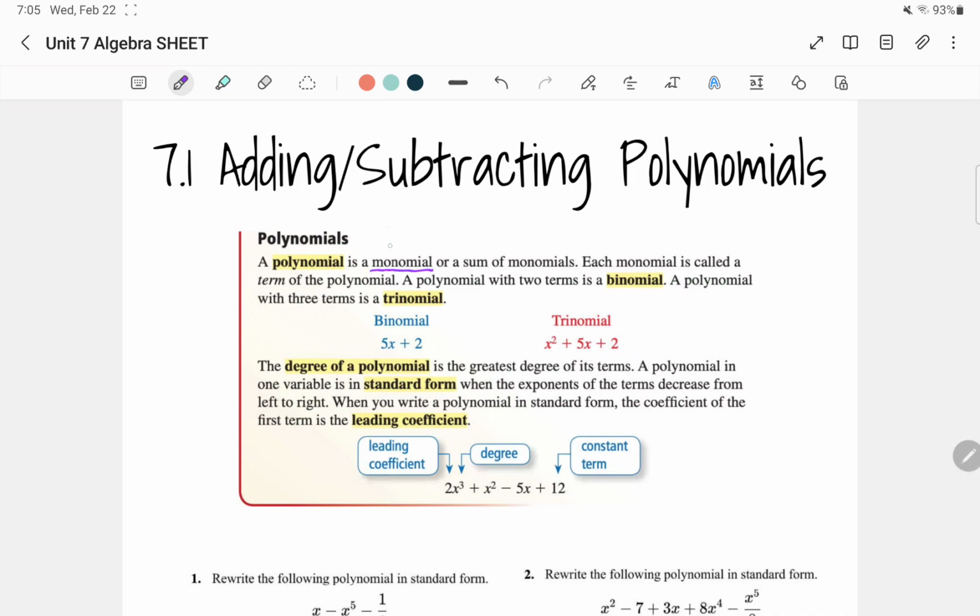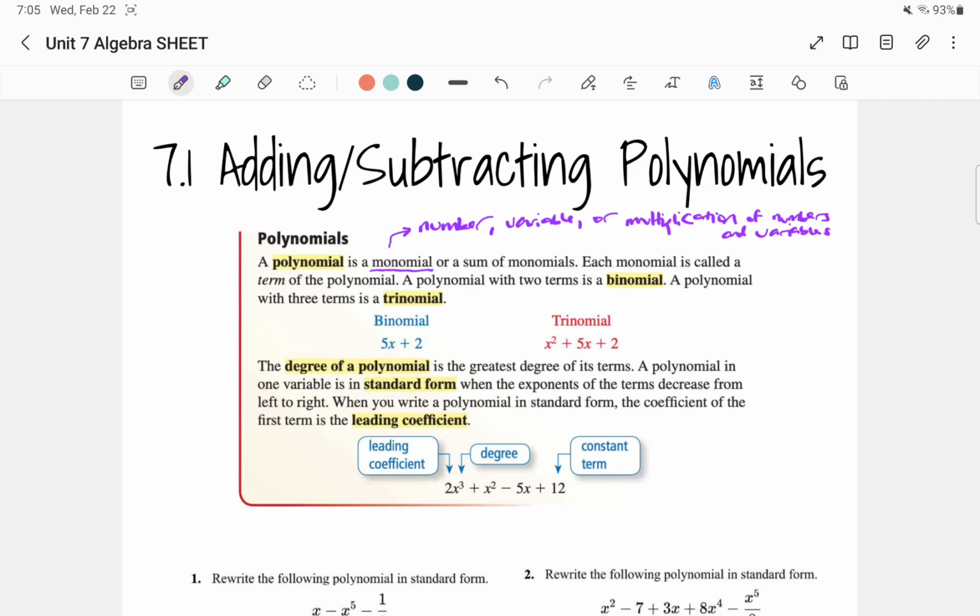That would be a number, a variable, or a multiplication of numbers and variables, meaning like 3x squared, 7xy, 10z to the third, anything like that. That would be a monomial. So a polynomial is basically one of those or several of those.